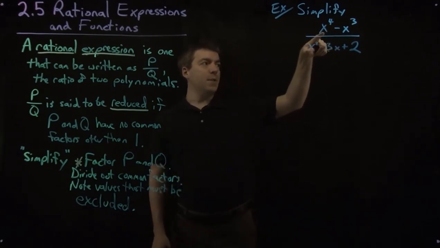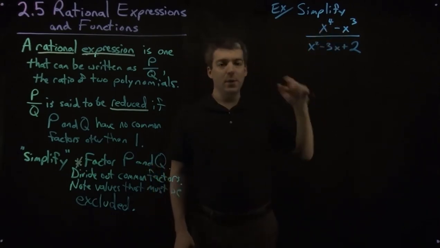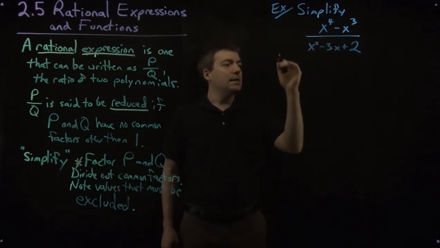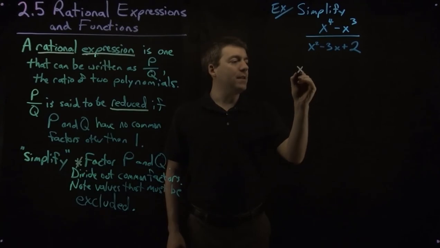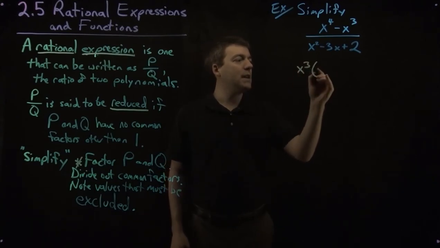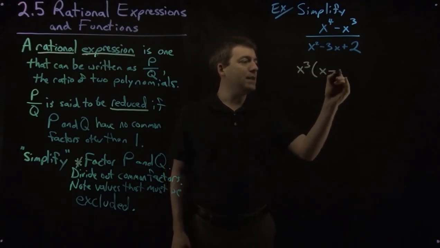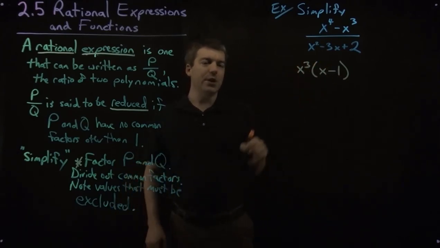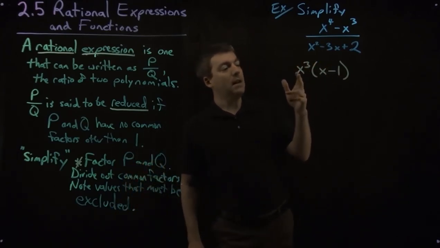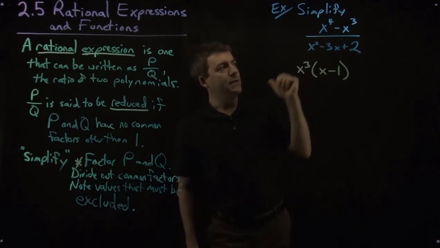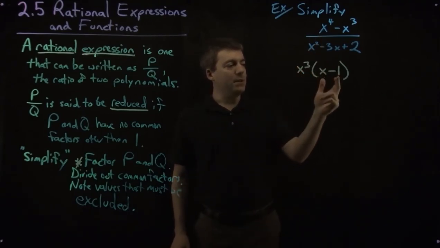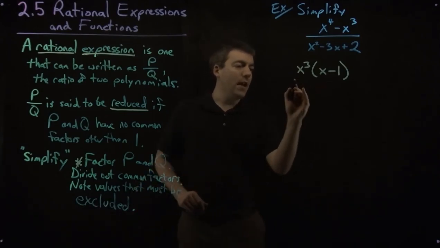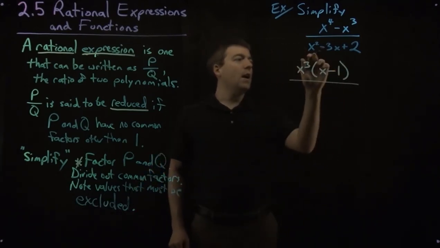This would be x to the 3rd times x, and that's just x to the 3rd times 1. So we can write that as x to the 3rd times x minus 1. We can always multiply back through to check to make sure we factored correctly. X to the 3rd times x is x to the 4th. X to the 3rd times negative 1 is negative x to the 3rd. Great.